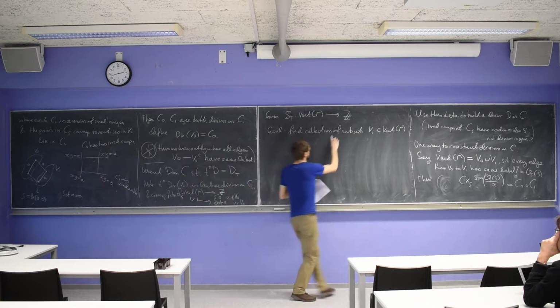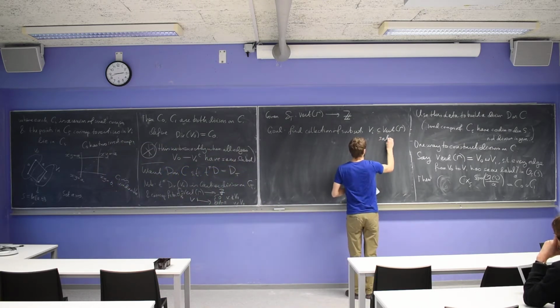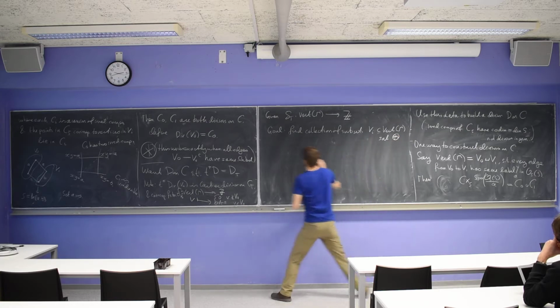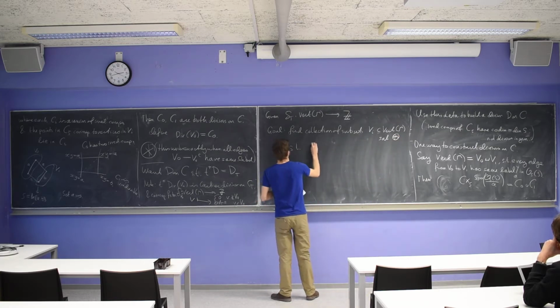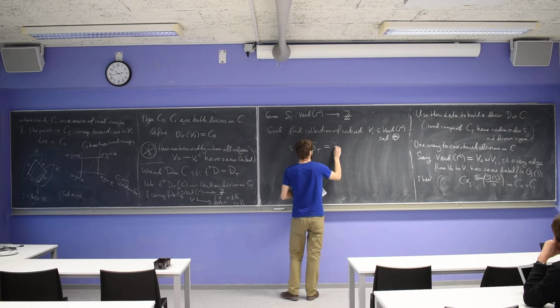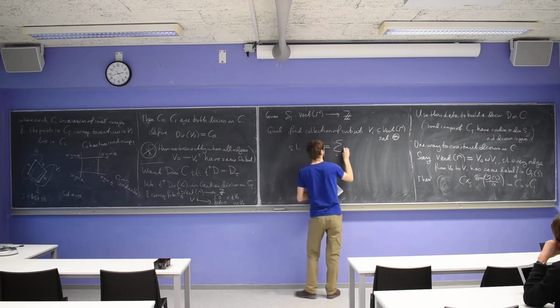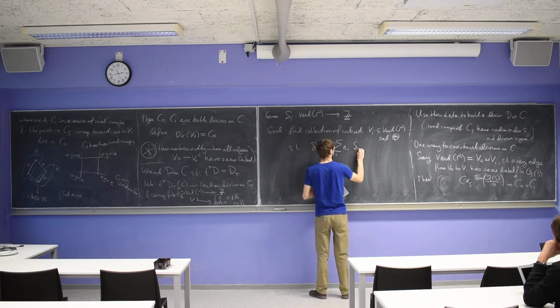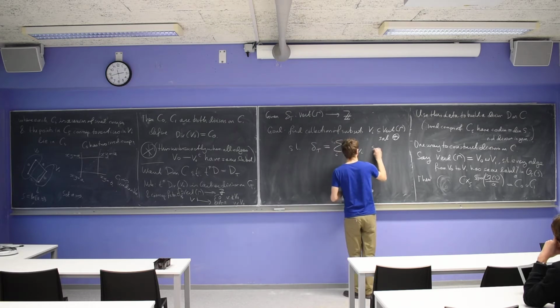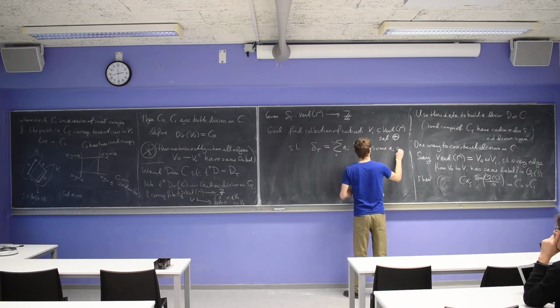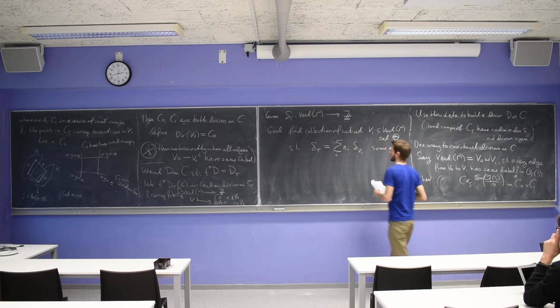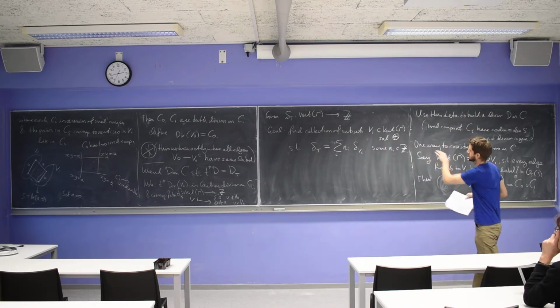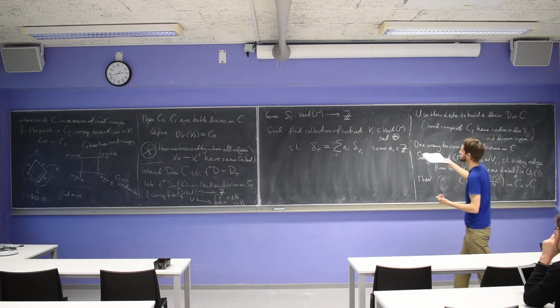Satisfying star, such that delta t. So this is ultimately what we need to do, and this is a purely combinatorial thing.